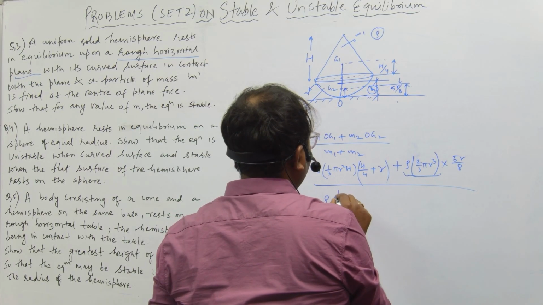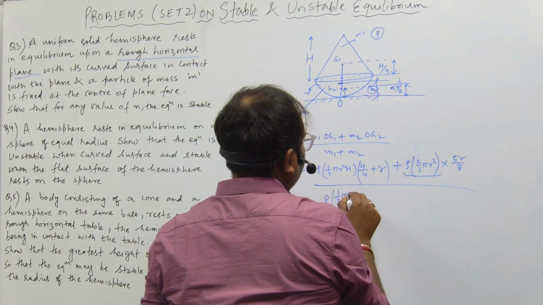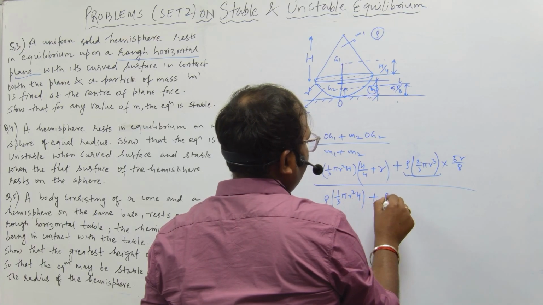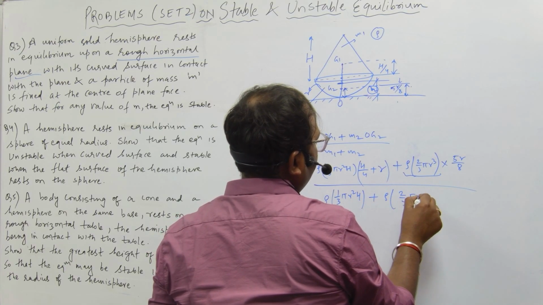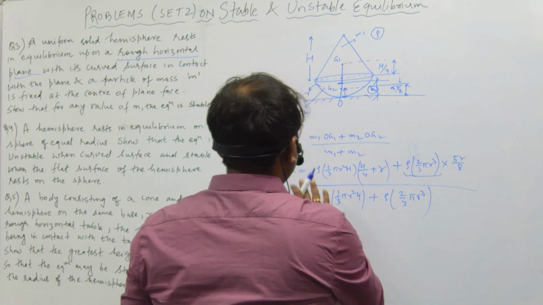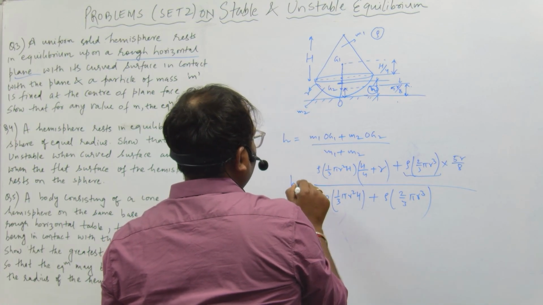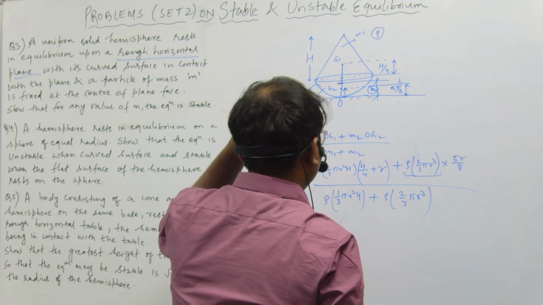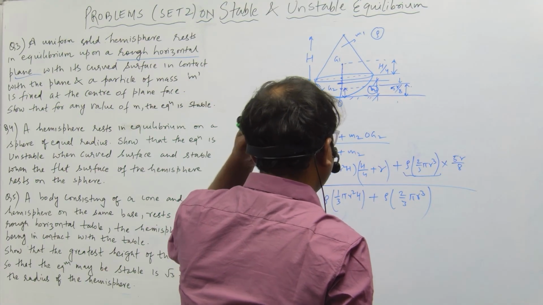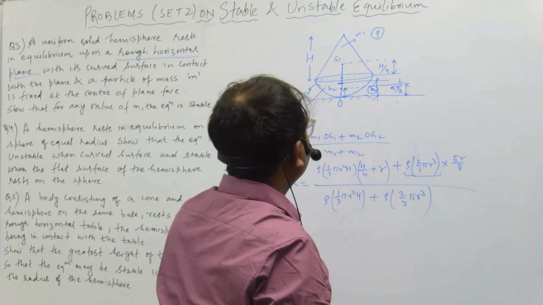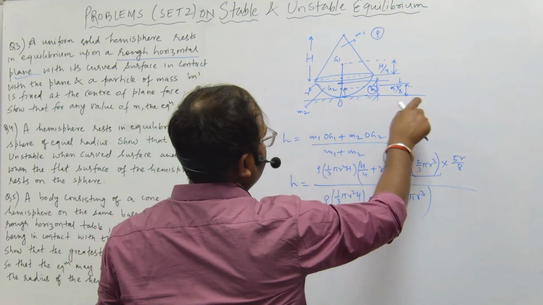So rho times 1 by 3 pi r square H plus rho times 2 by 3 pi r cube. This is the value of the center of gravity of this combined system from this surface of the table.